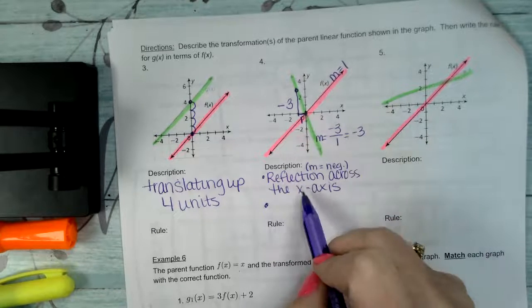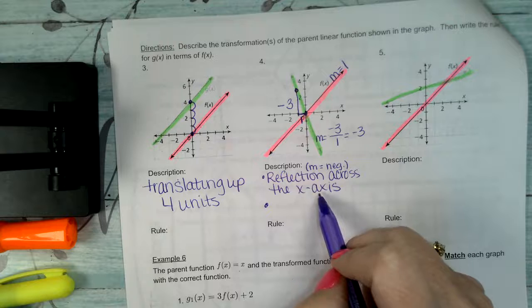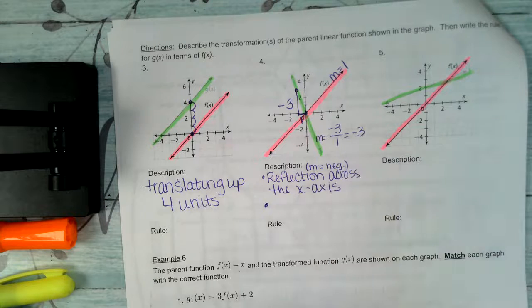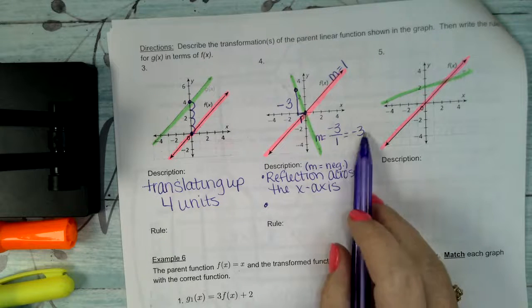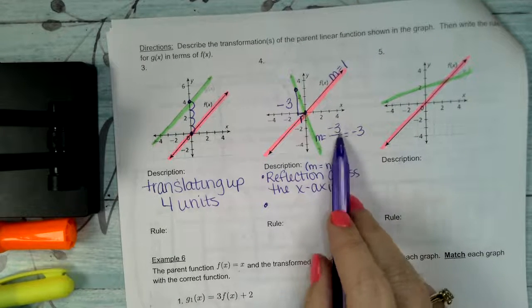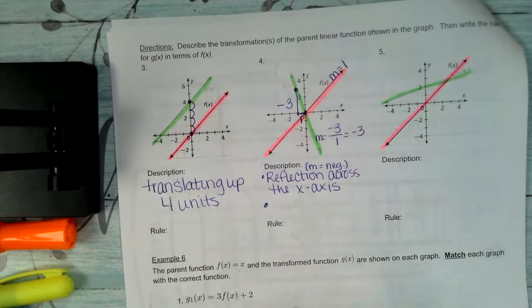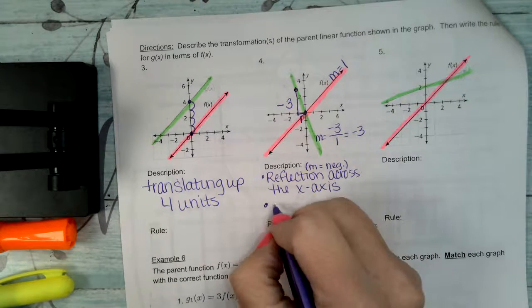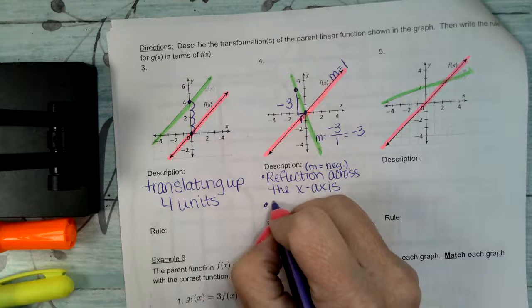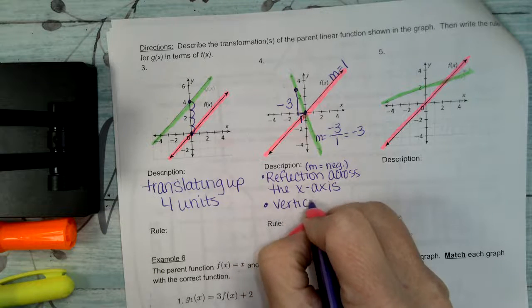That really makes sense because the negative is the reflection across the x-axis. And then the 3, we need to determine what is that 3. Since it's bigger than 1 and it's not a fraction, like this still reduces down to the negative 3, it's not a fraction. That means it's a vertical stretch. It's more vertical. So I'm going to say it's a vertical stretch.